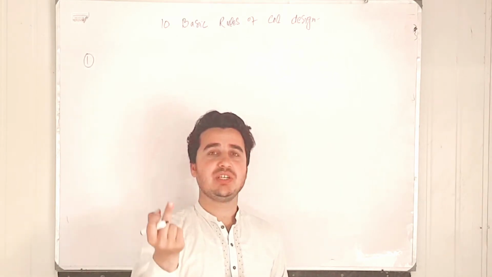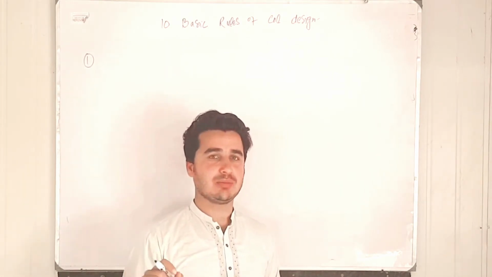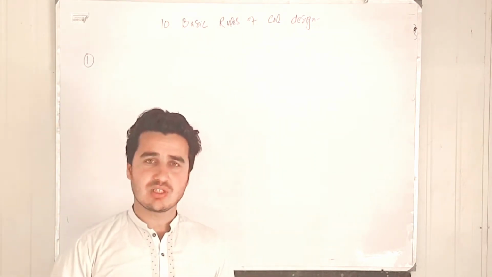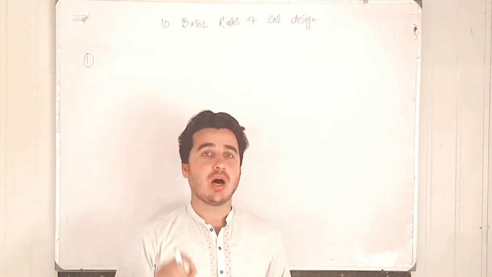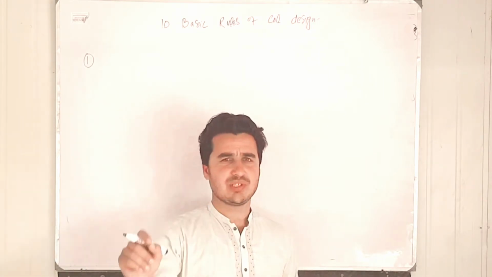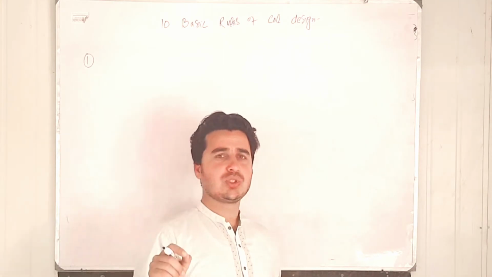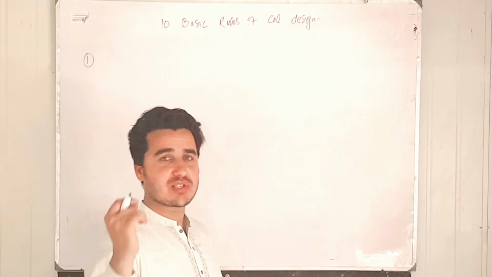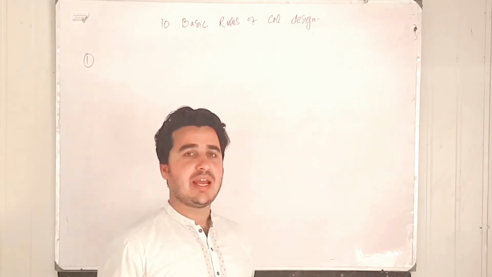We have 3 or 4 different types of columns that we can use: the circular column, the rectangular column, the square column, or the triangular column. In some cases we use a triangular column, but that is very rare and not used normally. So you can say that we have 3 basic types: the circular, the rectangular, and the square column.